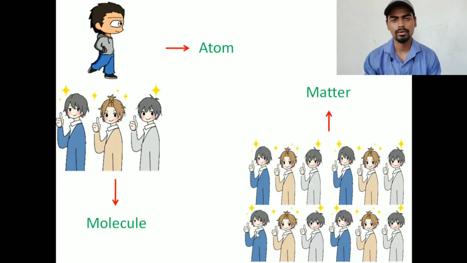So this is how you can understand that an atom cannot exist independently, but it takes part in chemical reactions, while when atoms combine, they form molecules, and when molecules combine, they form matter. I hope you have understood this lecture and you have liked it.